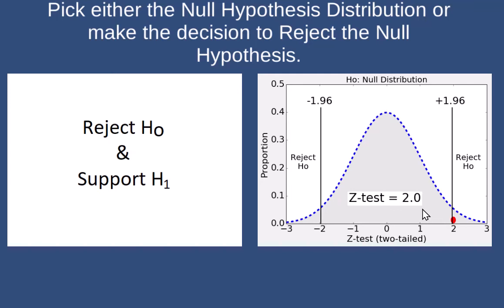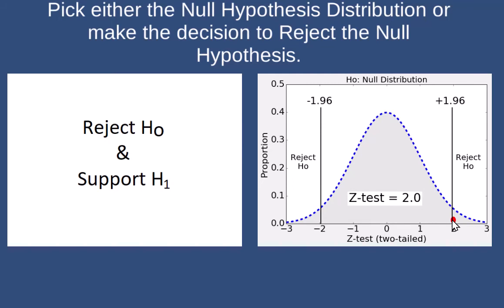The way that researchers decide whether the null hypothesis distribution is worthy to keep around is by looking at this z-test score. If the z-test score is more than plus or minus 1.96, then they'll go ahead and reject the null. A z-test is telling us how far off the sample mean was from our prediction.